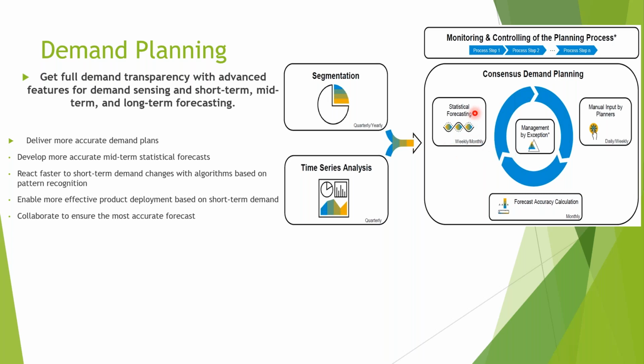Then on that forecast, based on the experience of the planners, they will do some manual inputs as well. Some manual inputs will be fed to the forecast that has been executed by the system using that algorithm, added with some manual inputs by the planner.